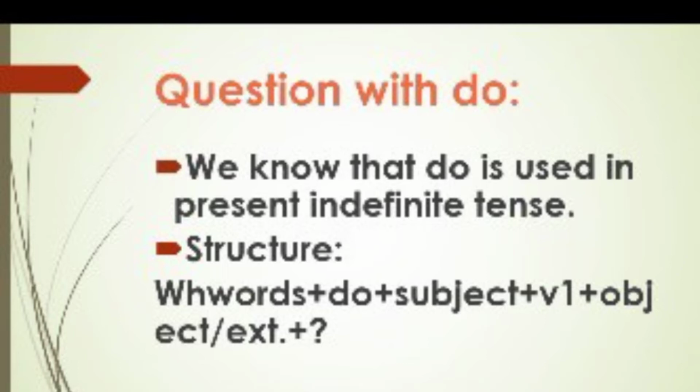Then you have to add the verb do. Then you have to write the subject. Then verb 1, that means the present form of the verb. And then you have to write the object or extension. And at the end, you have to put a question mark. And on the next page we will see the examples.